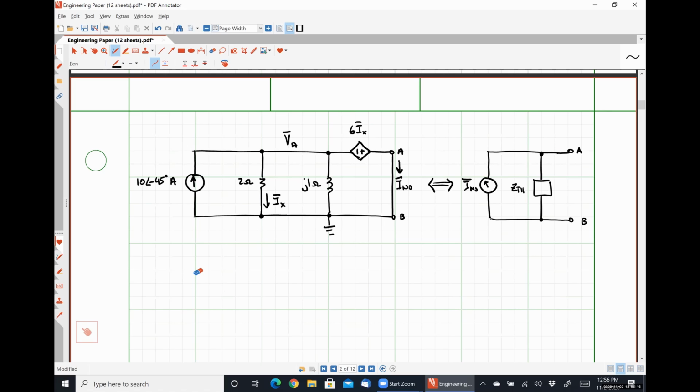We have a supernode in this case between node A and ground, which is at node B. So we know that VA is exactly equal to -6 IX. And we know that IX is VA over 2 ohms.